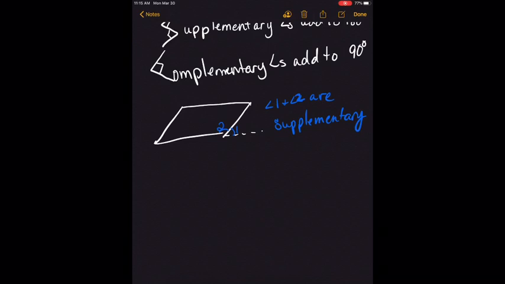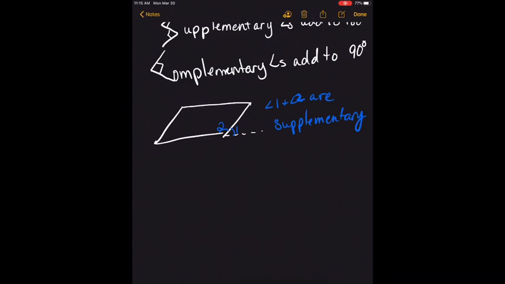So recall from lesson 90 that a full turn is 360 degrees. It's basically a full circle. We saw a picture of it, that these turns really correspond to the exterior angles of polygons.